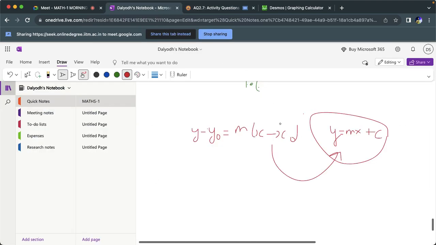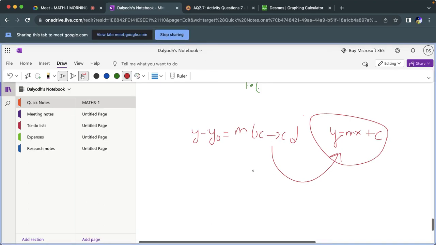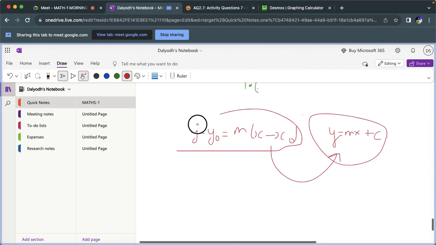So how can you represent this as y equals mx plus c? Is there any way you can solve this? It looks a bit complicated. Okay, you can just write it like this: y minus y naught equals mx minus mx naught.